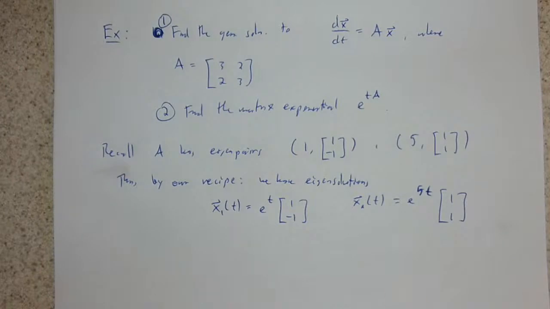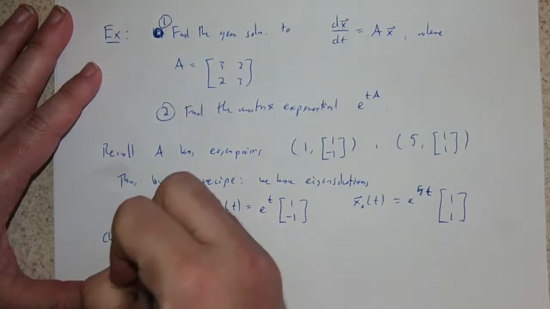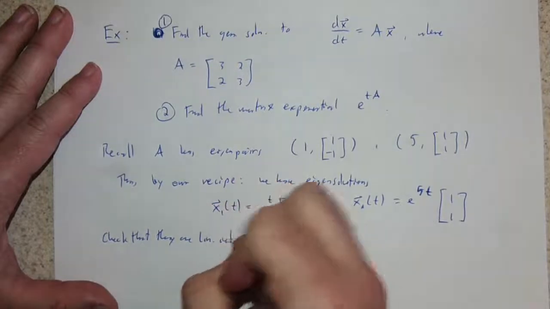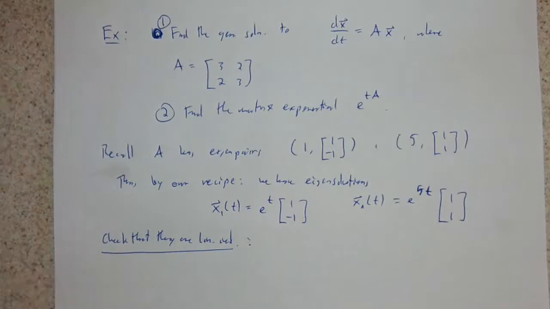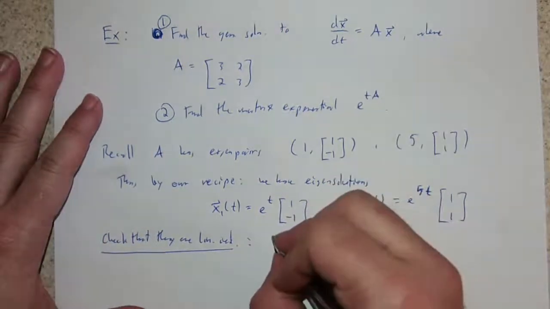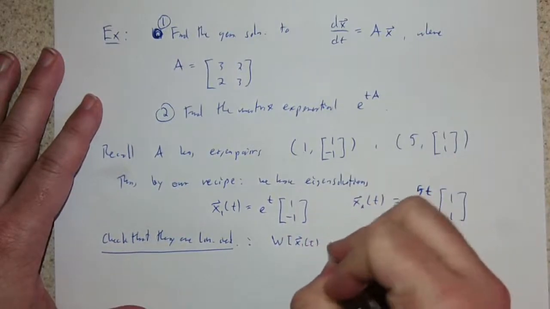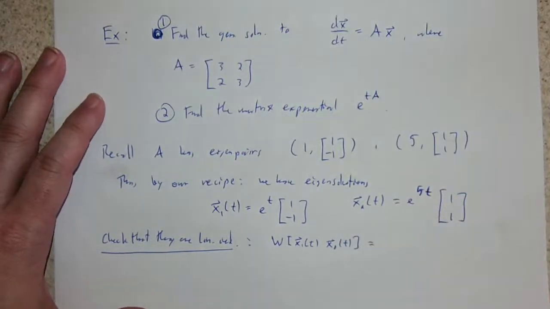Let's check that these are actually linearly independent. Normally, you do not have to do this check unless I specifically ask you, but I'm going to do it anyway. I want to compute the Wronskian of x1 of t and x2 of t, which is simply the determinant.